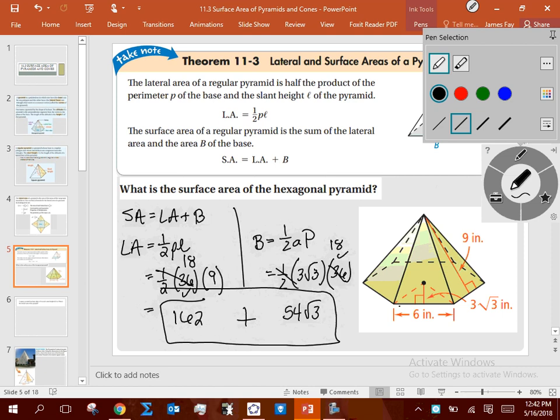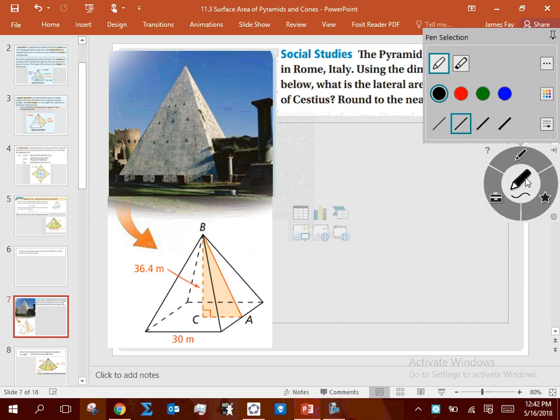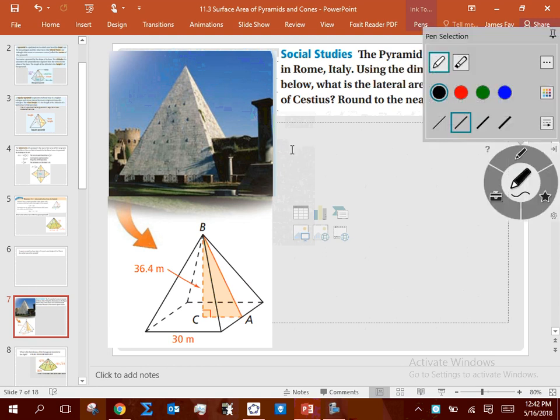Is that right? Okay. So let's do one that's maybe a little bit more difficult. All right. This is a pyramid in Rome. The Pyramid of Cestius. And they just want the lateral area here. And you see that they don't provide you everything directly.